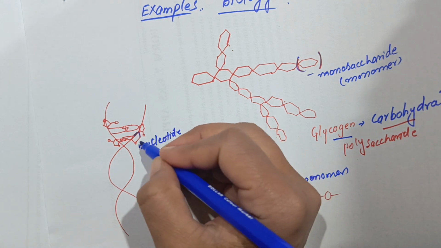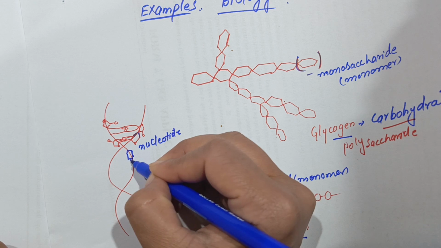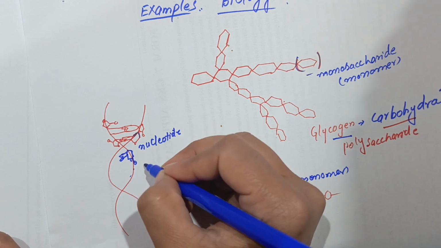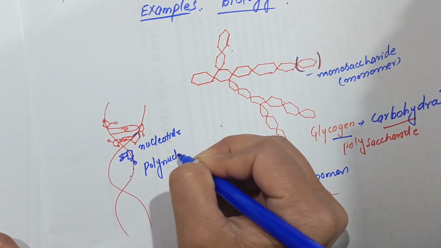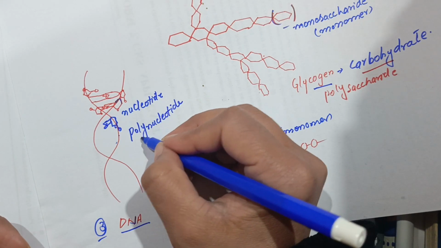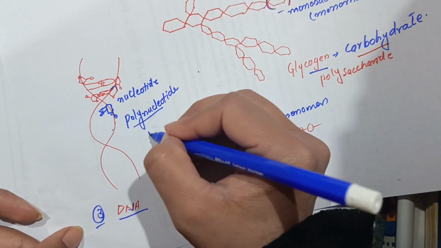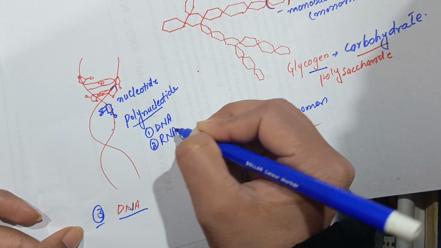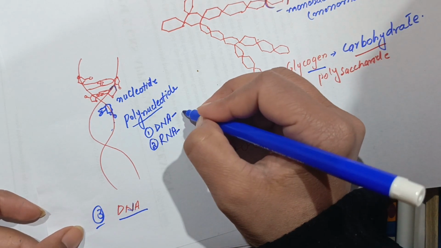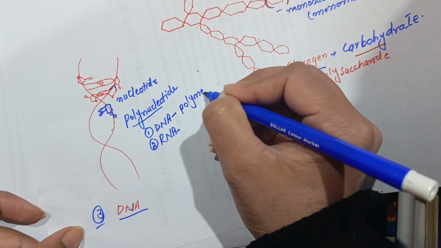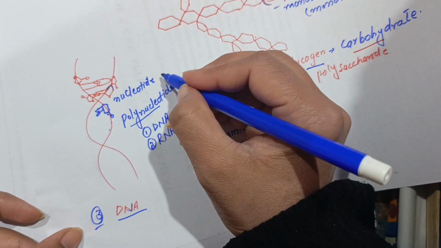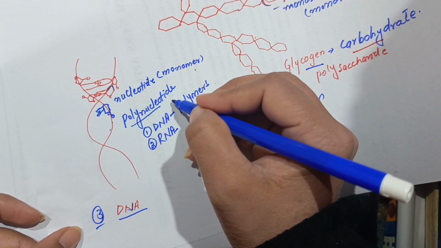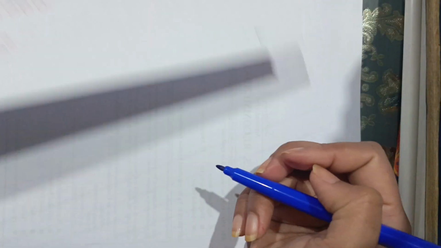When several nucleotides combine together, they form a polynucleotide structure. This polynucleotide has two types: it can be DNA or it can be RNA. So these DNA and RNA molecules are polymers of the monomer. Nucleotide here is the monomer and polynucleotide is the polymer in this example.